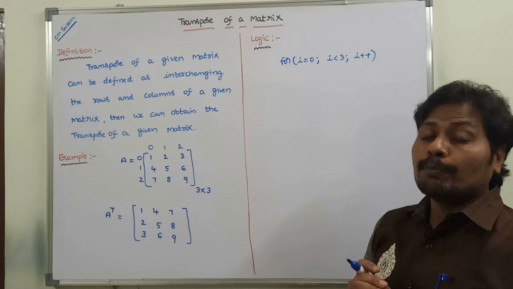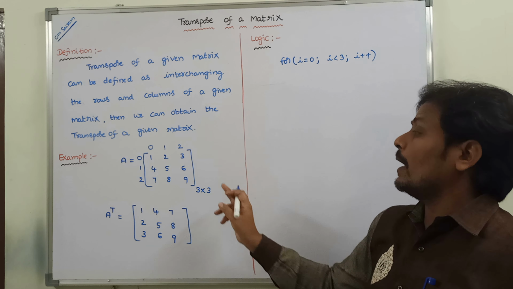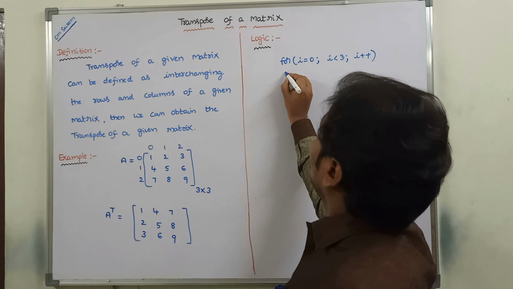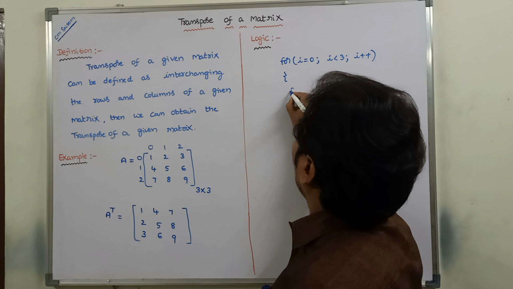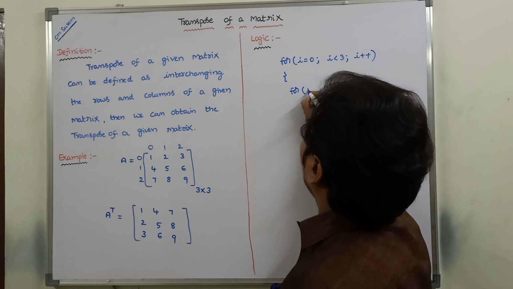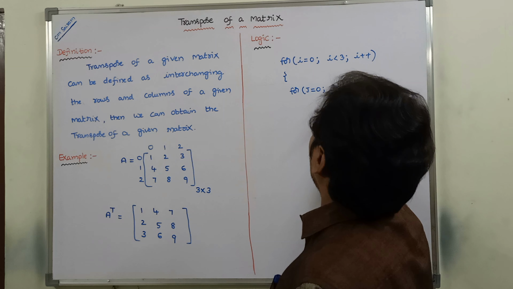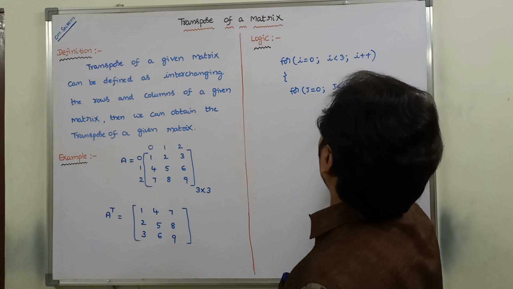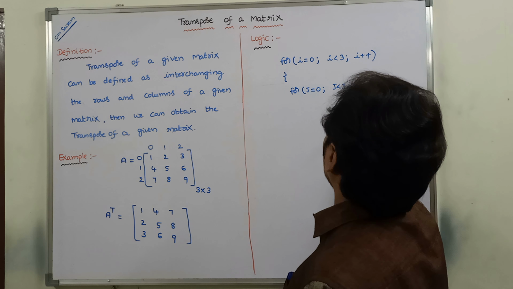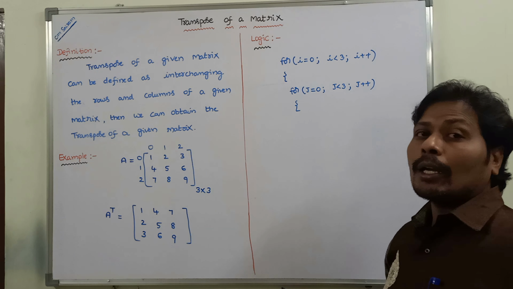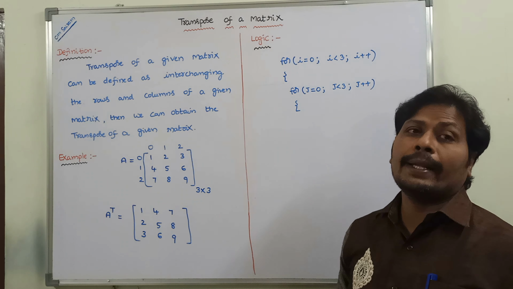Variable i represents the rows of a given matrix A. Next, for j is equal to 0, j less than 3, j plus plus. Variable j represents the columns of given matrix A.